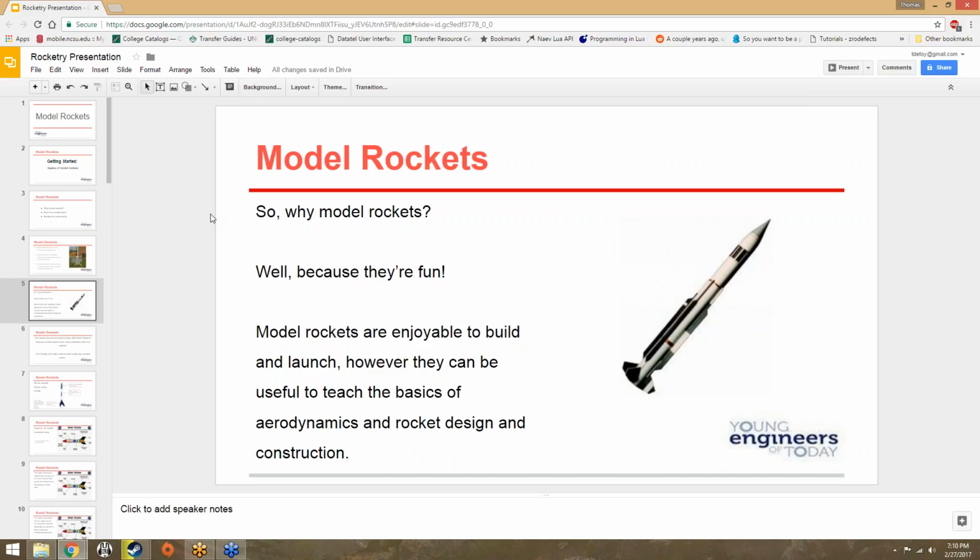But it would be possible to learn a lot about aerodynamics and rocket design and astrodynamics. Well, not astrodynamics because that involves being in space, but at least aerodynamics from model rocket design.